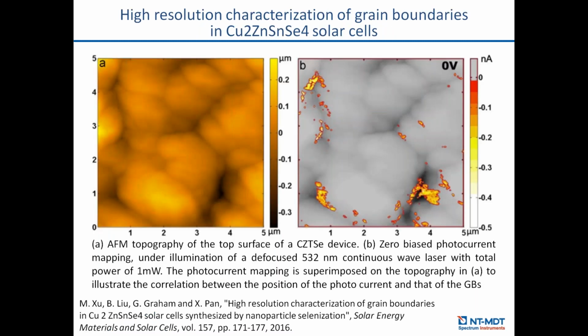One of the examples of these studies is in this paper. C-AFM was used to confirm the photoefficiency at the grain boundaries of the material which is used for solar cells. On the left side we have the topography, and on the right side we have the distribution of current, and we see that the grain boundaries really show the conductivity.